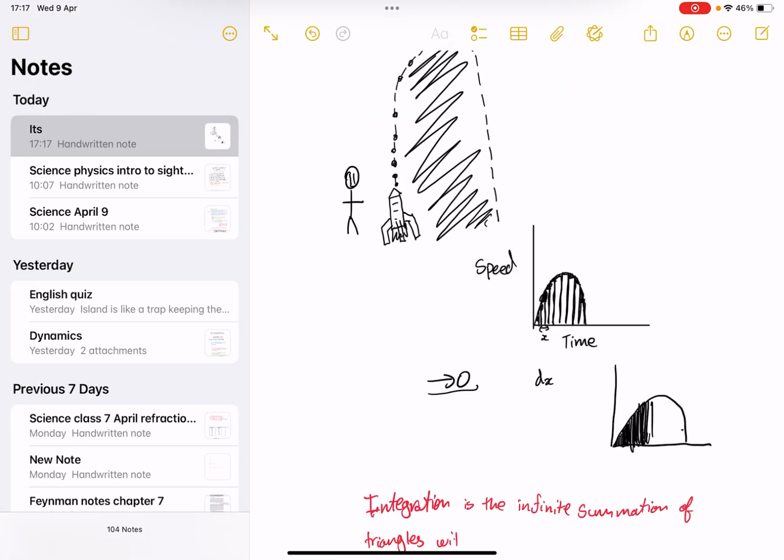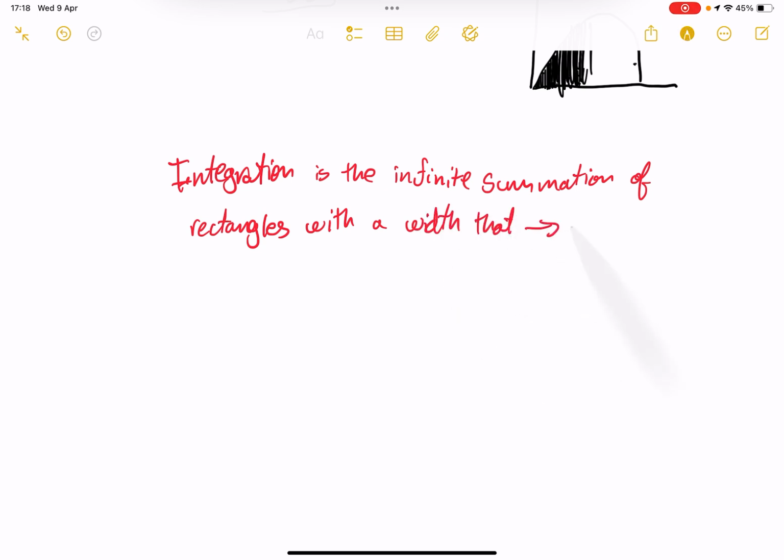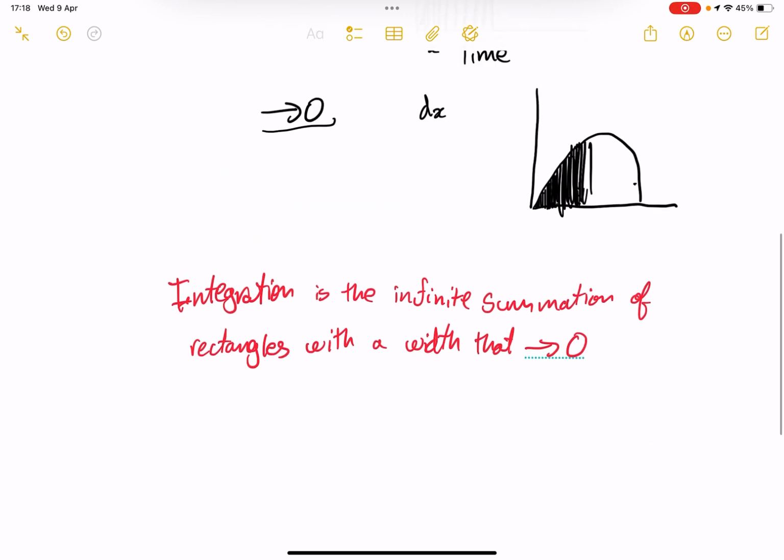Sorry, not triangles, I apologize for that. Not triangles, of rectangles with a width that approaches 0. So that's what integration is.